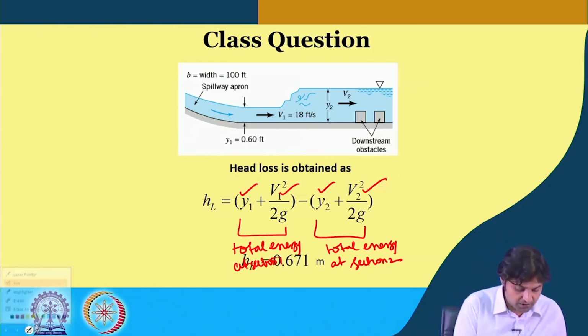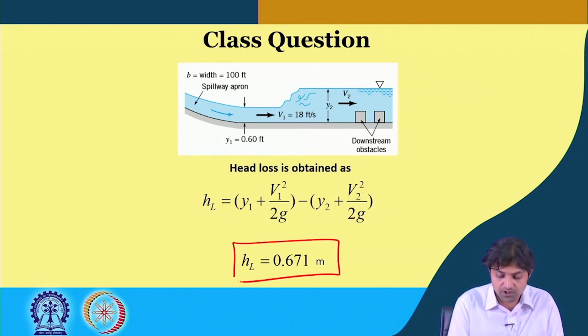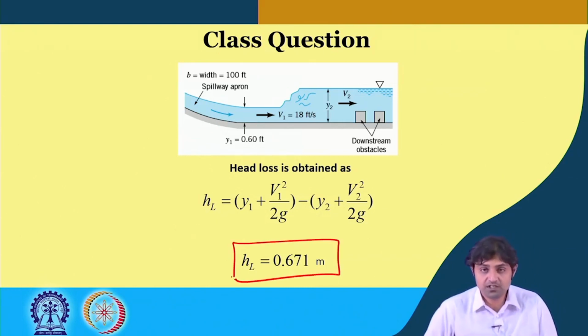After substituting the values, you see the head loss, that is the energy loss in terms of head, is 0.671 meter. This is the simplest and the most common type of problem in hydraulic jump, which are the type of questions you will also be expecting in your assignments and exams, and competitive exams especially.